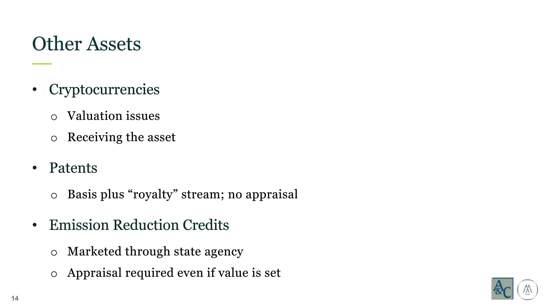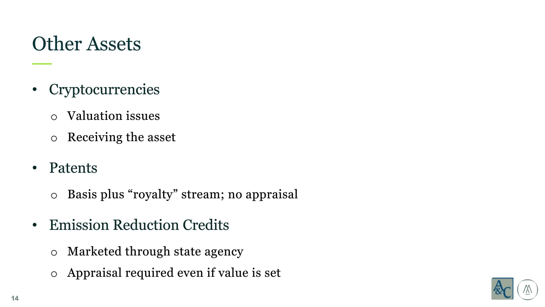The other interesting thing about patents is that there's special provisions in the tax code for how the deduction is calculated. So a donor may think that they should get a fair value. Their deduction should be based on the fair value of the patent, whatever they think that might be.